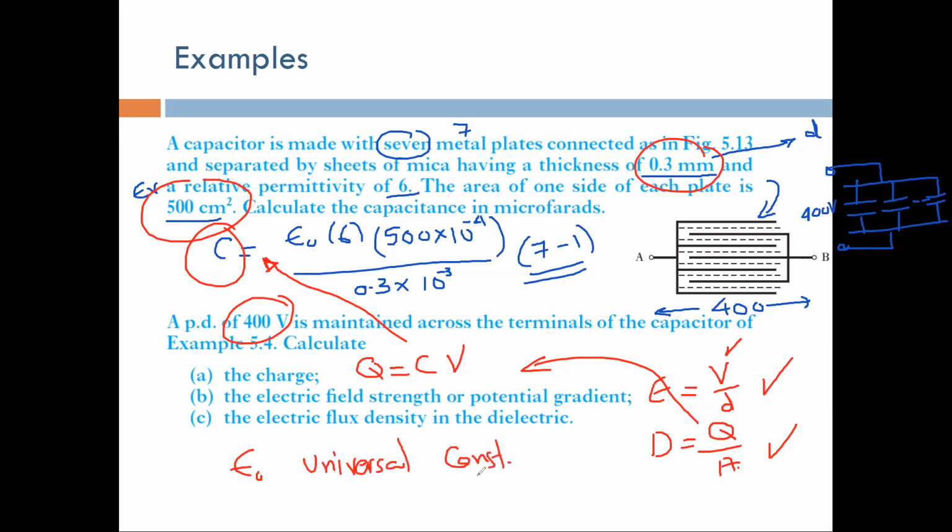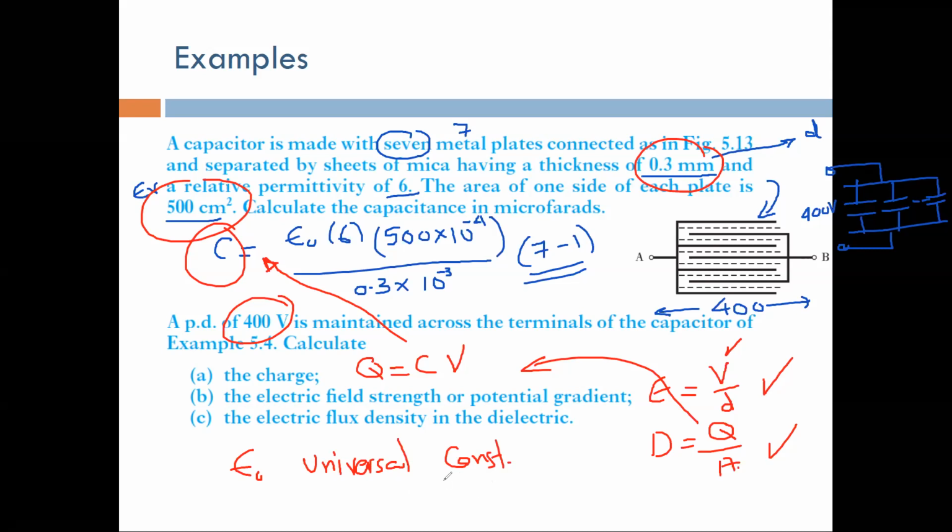Universal constant meaning that you should either have it in your notes or just look it up. It's not going to change. It's like the speed of light, for example, or Planck's constant. These are universal constants that are supposed to be there all the time. You should have access to them all the time, either from your calculator, from the net, from your notes, or from the book.